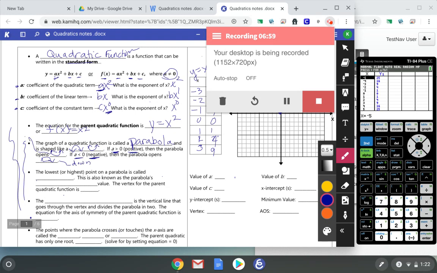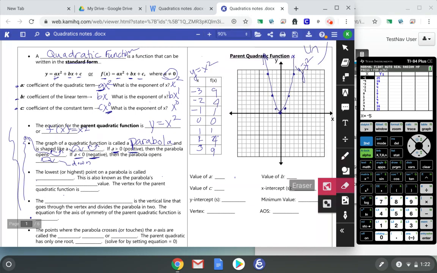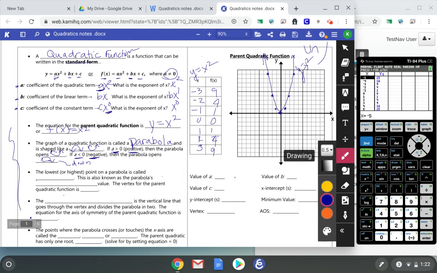This is considered opening up. Okay? All right, the next couple of points that you want to be able to recognize on your parabola are the lowest and the highest points on the parabola. So you're going to see that there are always these curves, okay?